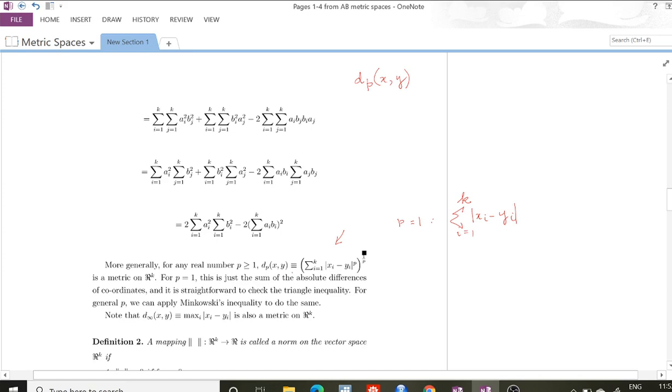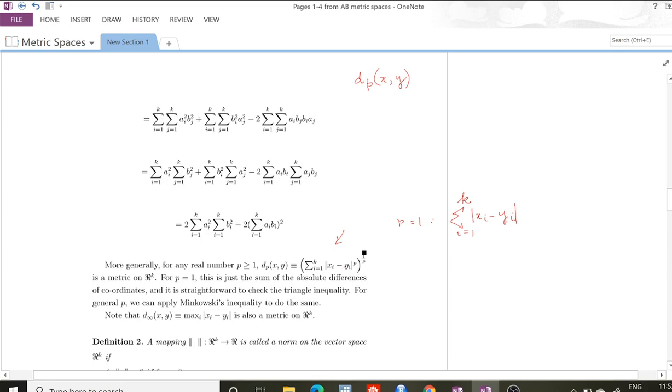So what happens to this dp as p becomes larger and larger, right? In some sense, what happens as p becomes larger and larger is that in this sum, the xi minus yi difference that is largest, you're raising that to p and you're raising the other stuff to p as well, and you're adding them up. But as p goes to infinity, the xi minus yi term that's largest begins to dominate, right?